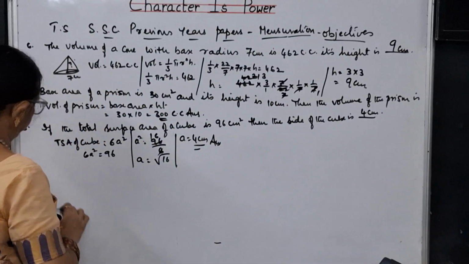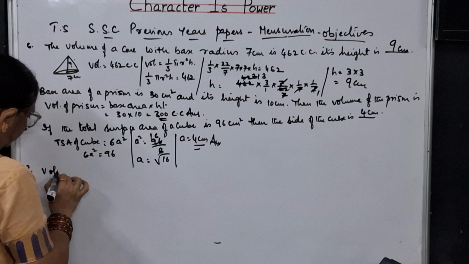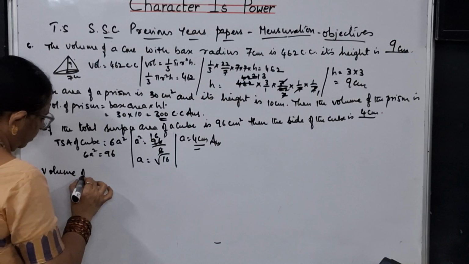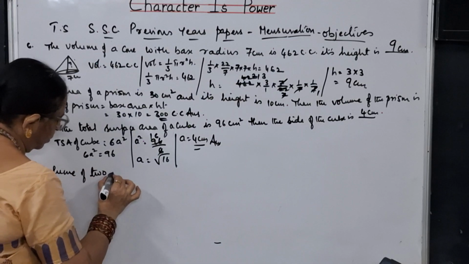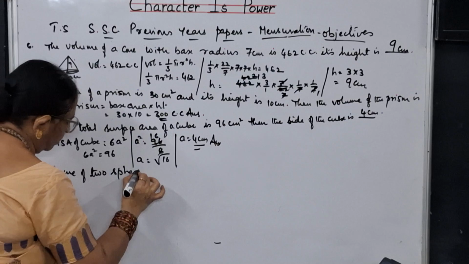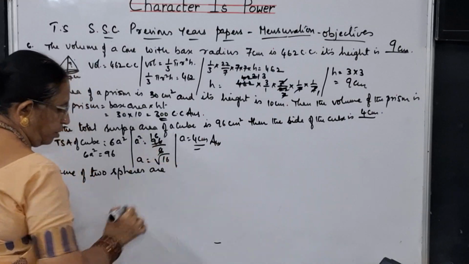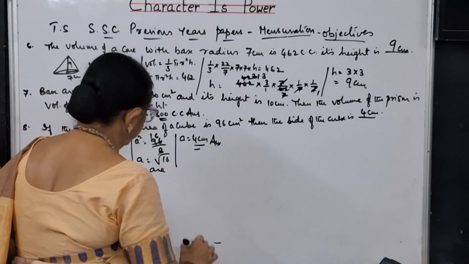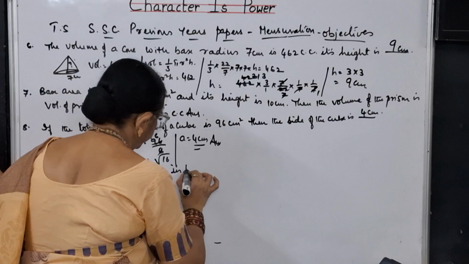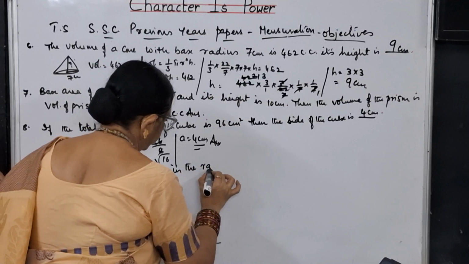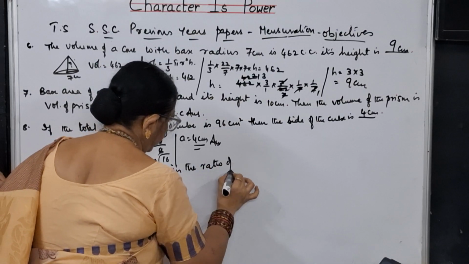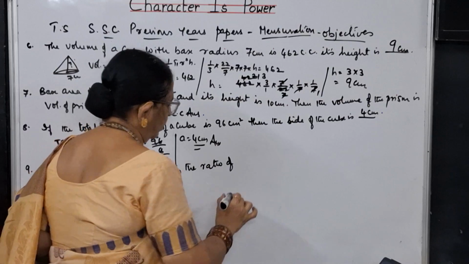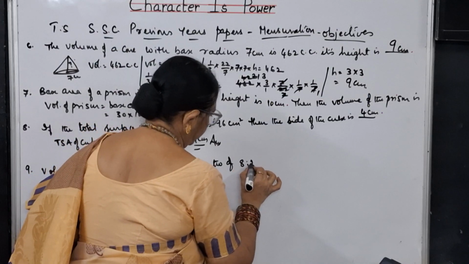Volume of two spheres are in the ratio of 8:27.